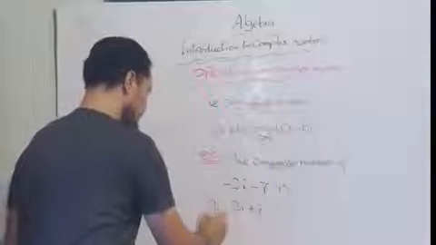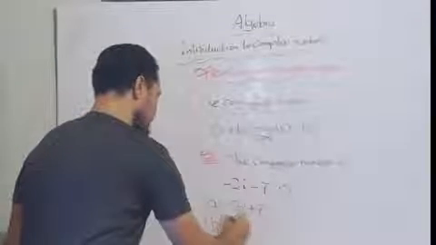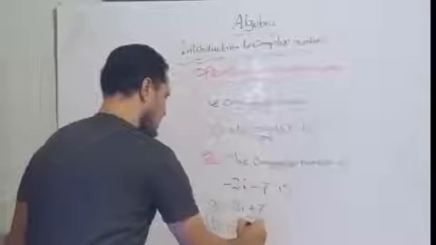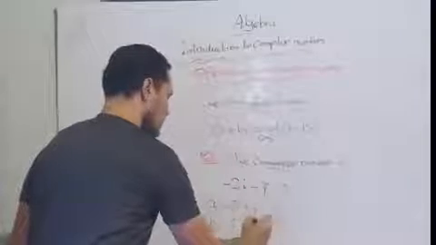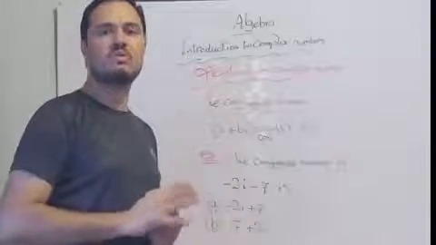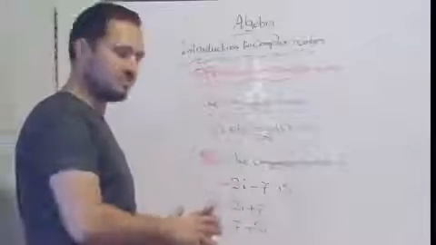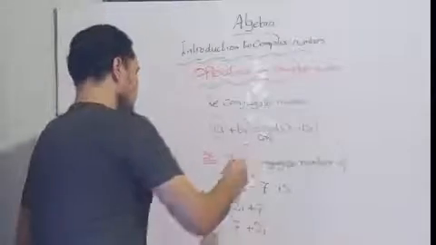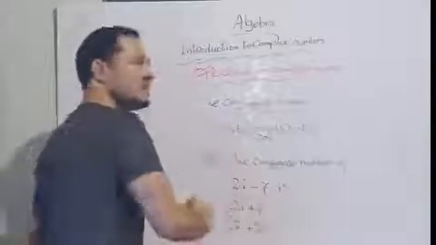Number B, negative 7 plus 2i. What's the conjugate of this one? Okay, do not focus on the answers, just answer yourself. What's the result of the conjugate of this complex number?